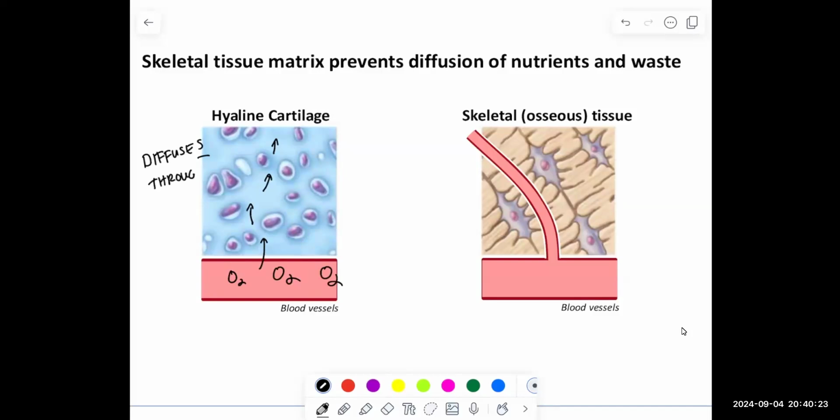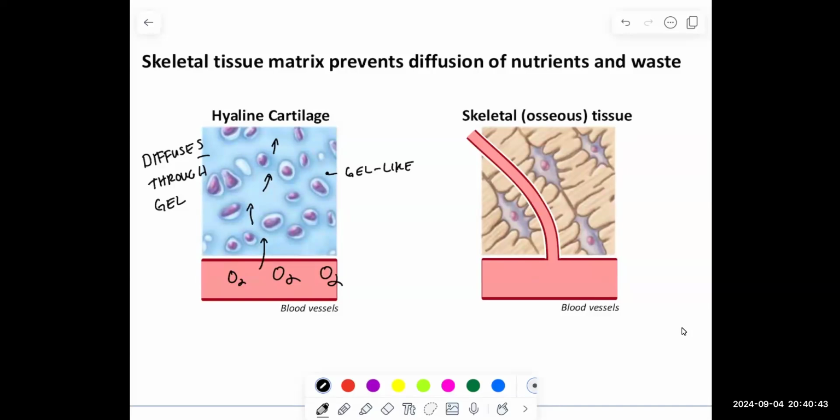So cartilage does not need blood vessels running through it. This is a gel-like substance with similar properties to water. Oxygen can diffuse right through it.